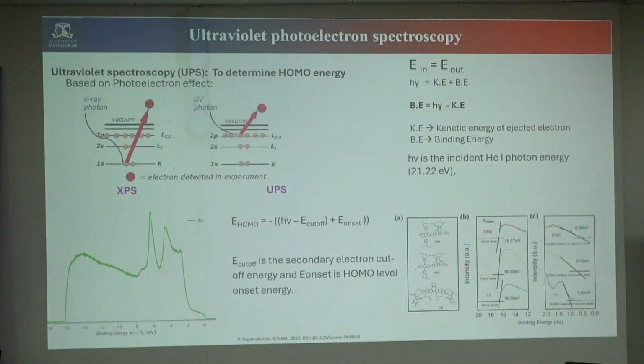So you have to input, you cut off this energy and add the onset of this one. Like this, if you see this spectra, here at -1 is the Fermi level energy, and finally near the 0 level we have another onset. From this one, we can calculate 1.04. That will be the E onset. So h nu minus E cutoff is the Fermi energy. Fermi energy plus E onset is your HOMO.